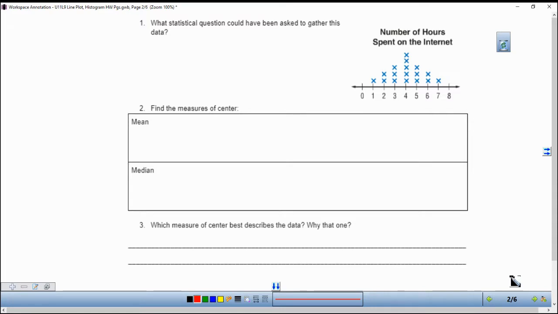Okay. Let's look at the next page. What statistical question could have been asked to gather this data? We have number of hours spent on the internet. Okay, so I'm going to use that word typical, which we saw before. I'm going to say, what is the typical number of hours a student spends online?